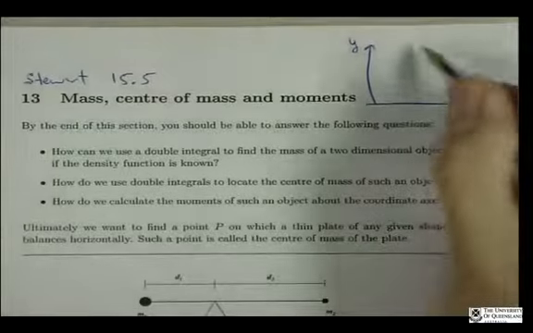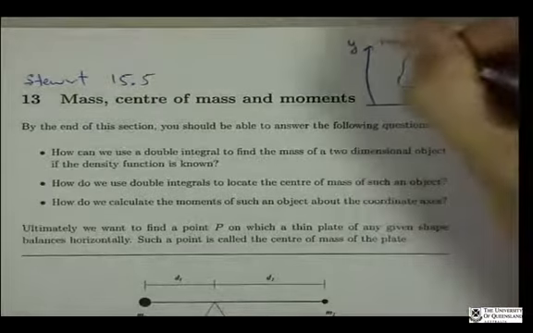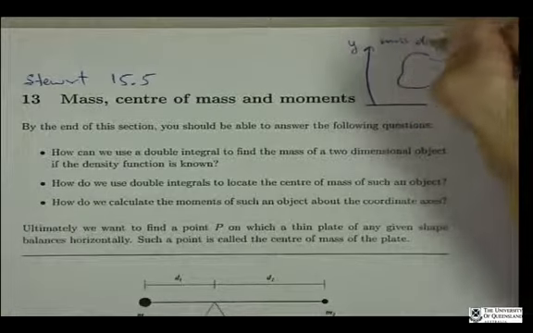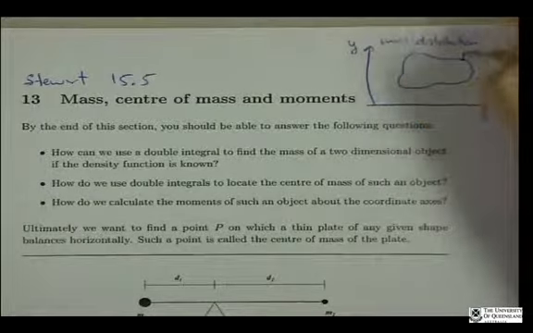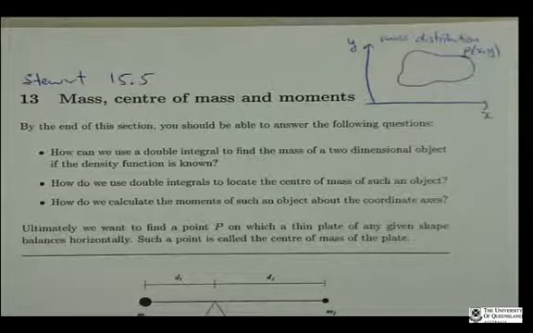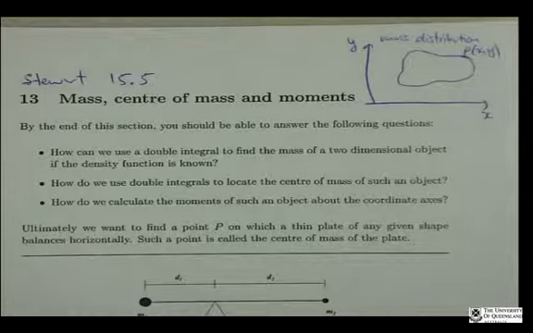But say we've got some two-dimensional object whose mass is distributed according to some density function, which I'll call rho, as a function of the two variables x and y. In the textbook, in Stewart, and throughout this section, I refer to such an object as a lamina, some two-dimensional object with mass.